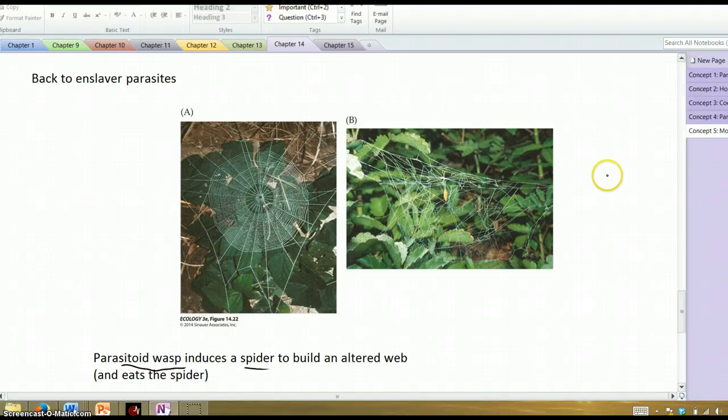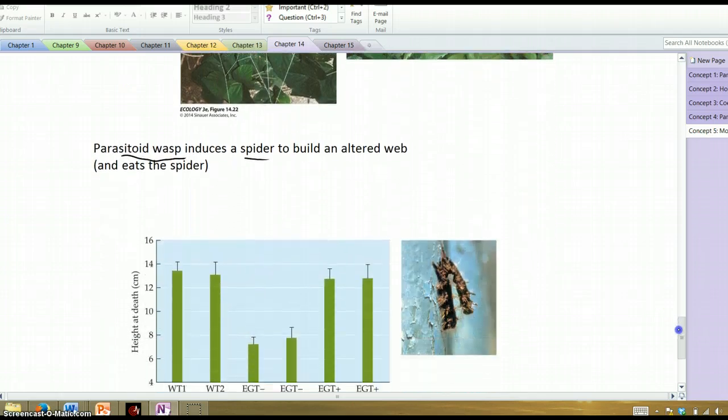And so you can see that the web is much different. The spider will cocoon itself in a mass of spider silk, and then the larval wasp will essentially feed on that entombed spider, if you will, eventually breaking out. So instead of building a web to catch insects to feed on, it basically builds a web that brings about its own demise, you might say.